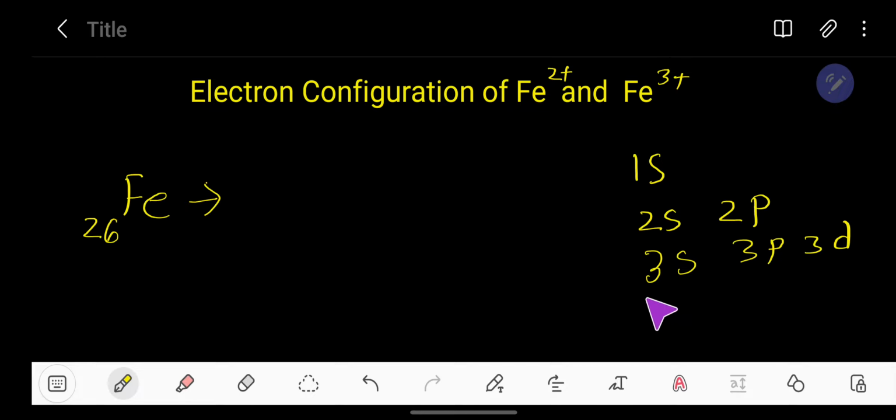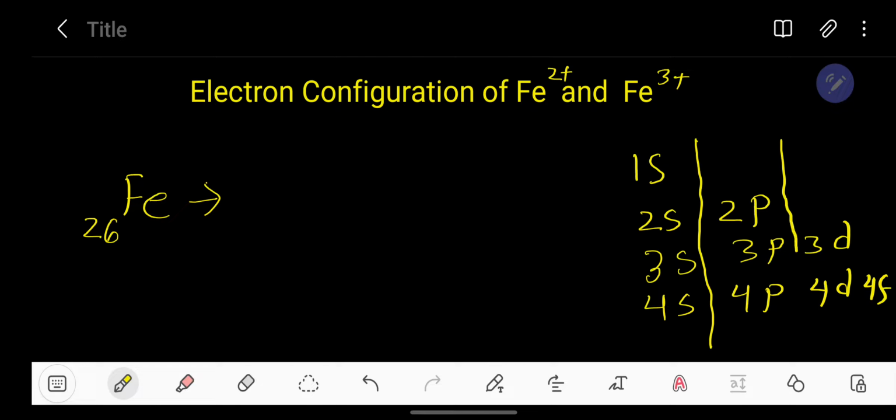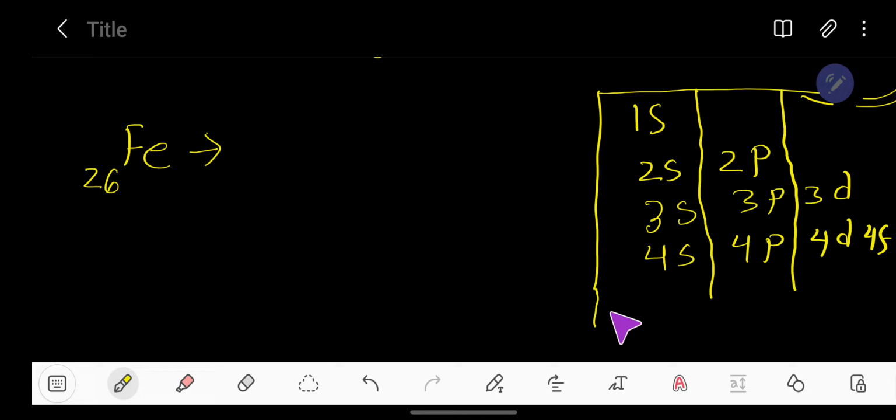In the fourth shell we have 4s, 4p, 4d, then 4f, right? So we can draw a line like this. This will help us to find the electron configuration quickly, right?